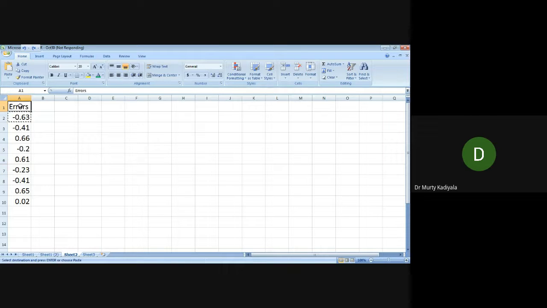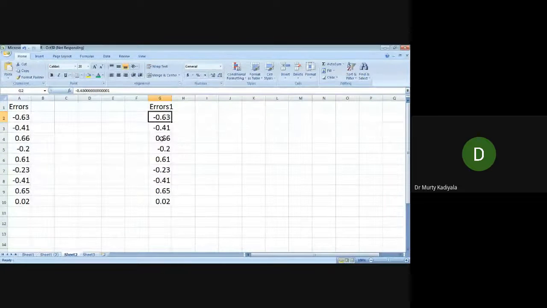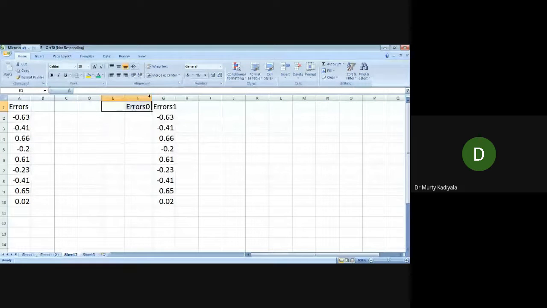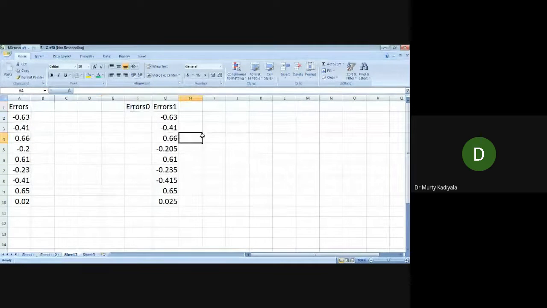Let me once again copy these errors here. So these are the errors of today. Errors 1, I call it. What are the previous day errors? Do you have any error previous for minus 0.63?